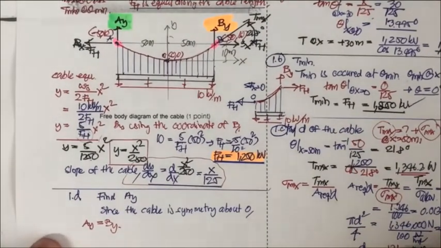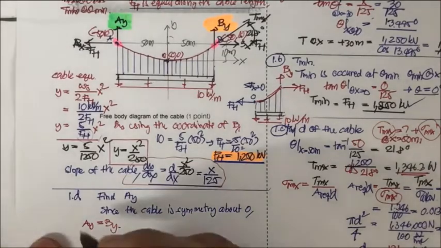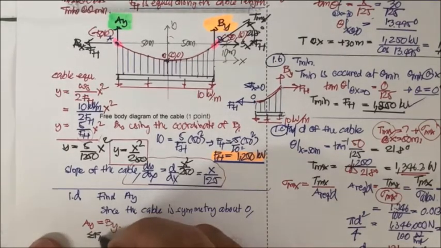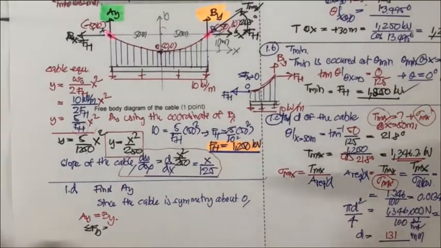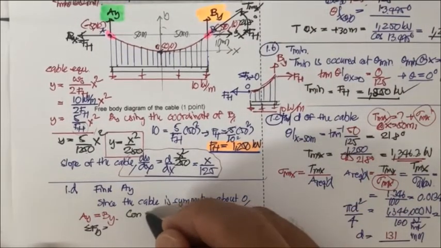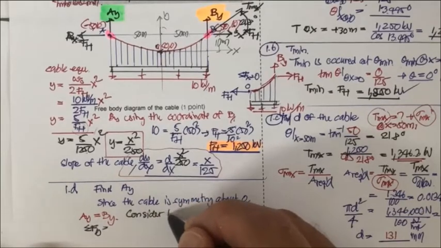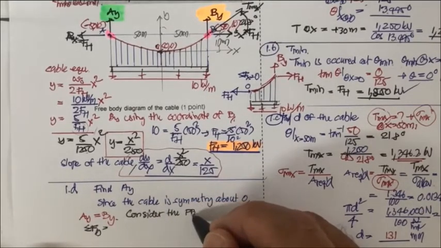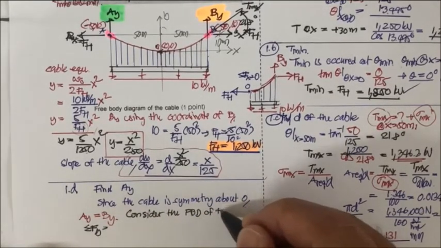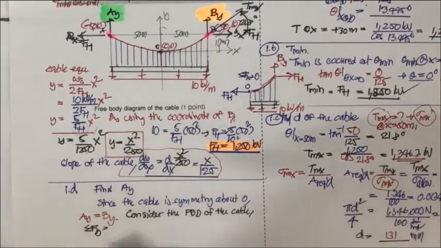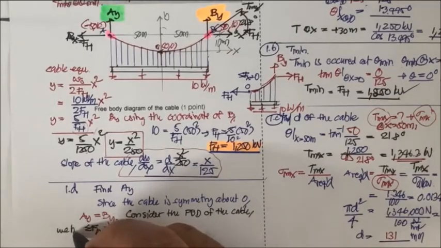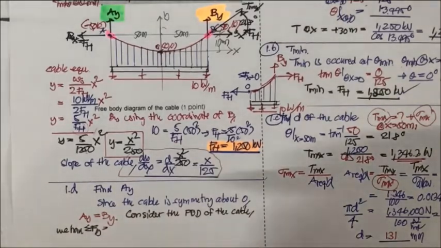What we have is the summation of the force in the y direction. Consider the free body diagram of the cable: summation of F sub y equal to 0.